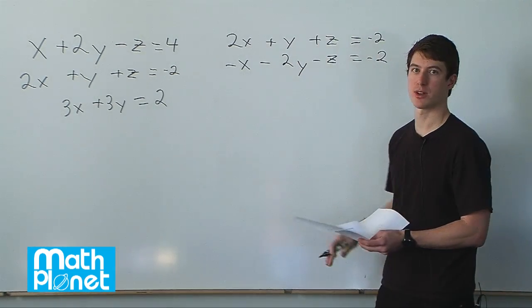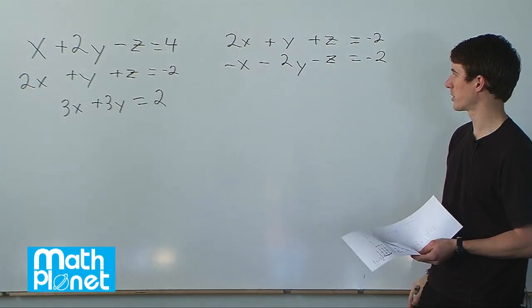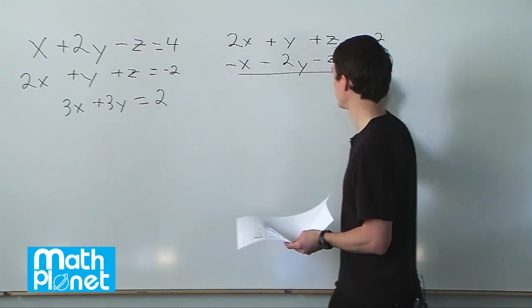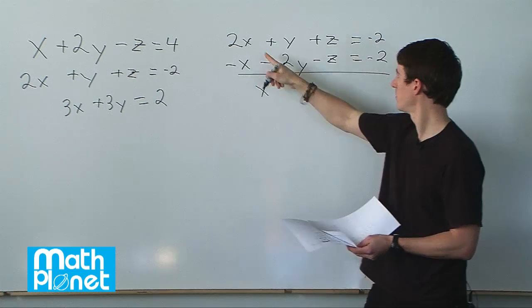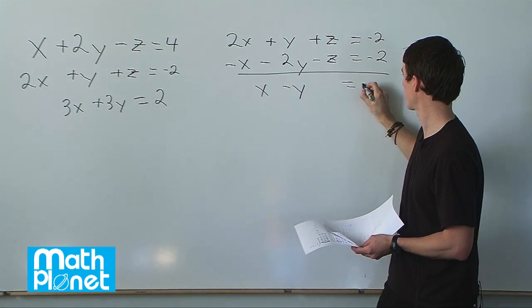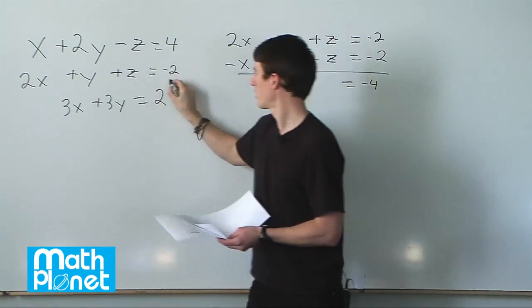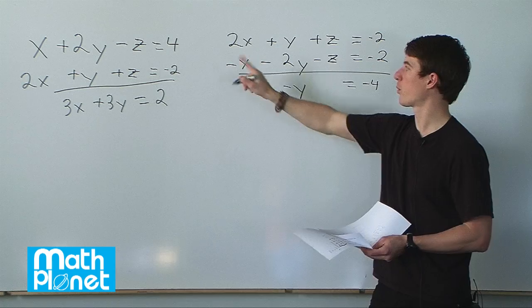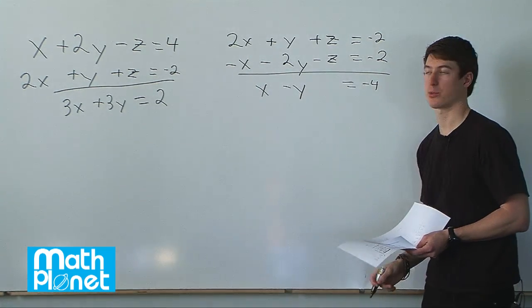So the second equation minus the third equation. That's what we're doing here. So if we subtract straight across, we get x, we have negative y, these have canceled, and then we're just left with negative 4. So here we had 1 minus 2, and then 1 plus 2, and 2 minus 3.